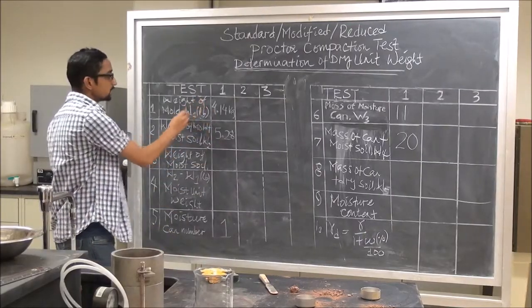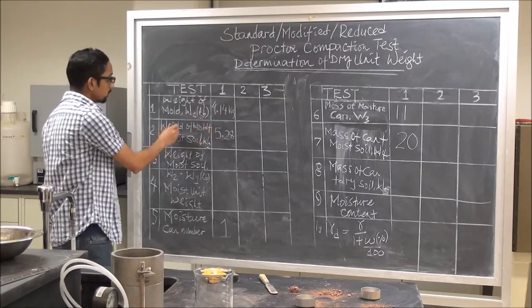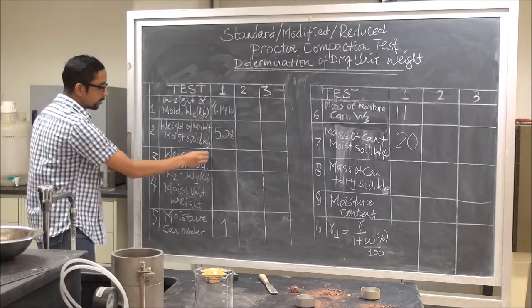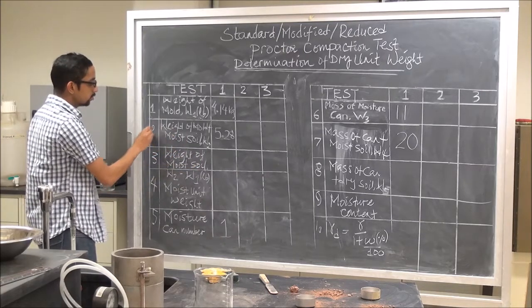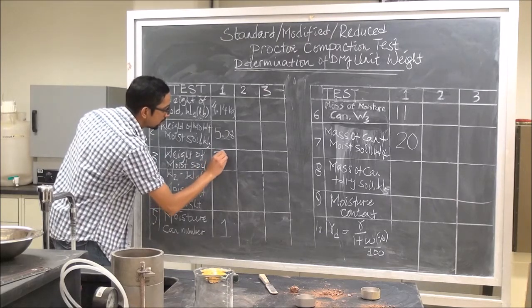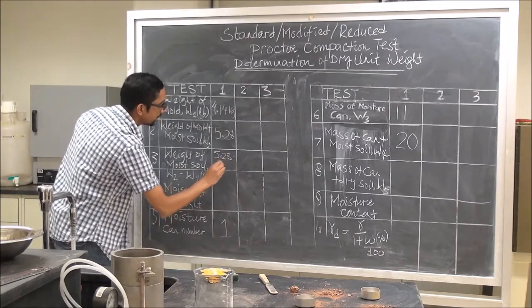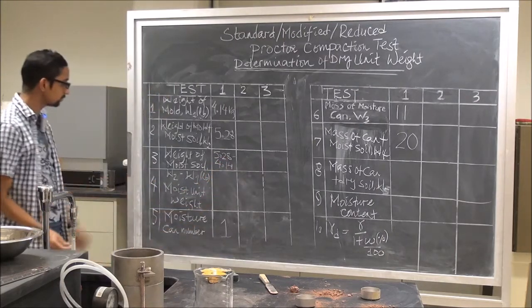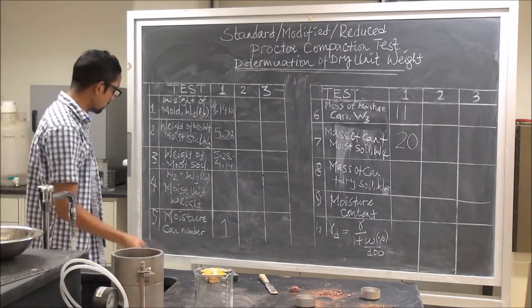So we took the mass of mold, weight of mold and moist soil. So now we can find the weight of moist soil by subtracting 2 minus 1. So this would be 5.28 minus 4.14. Okay?